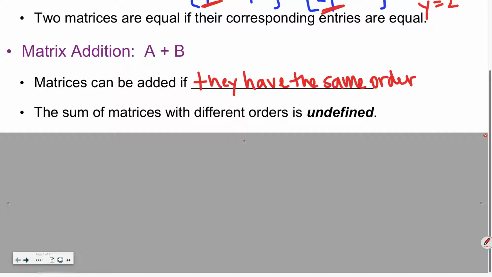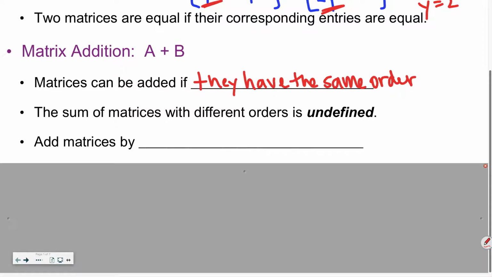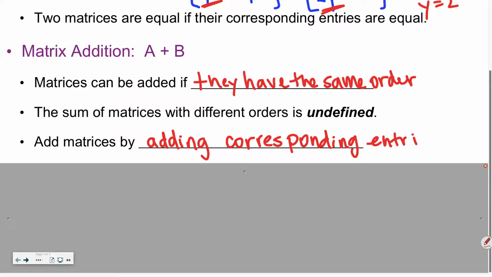Now, if I wanted to add 2 matrices because they had the same order, what's the process going to look like? It's like you knew what I was going to write. Okay. We're going to be adding corresponding entries.